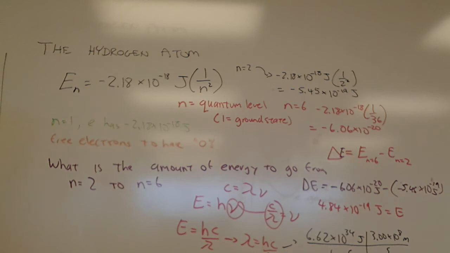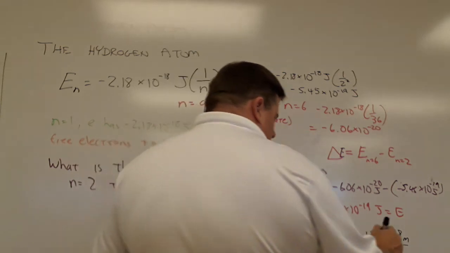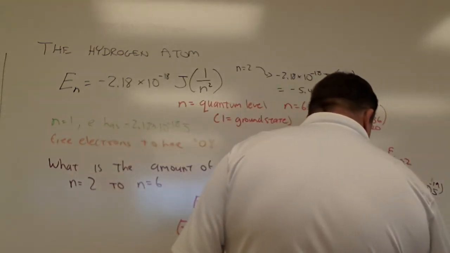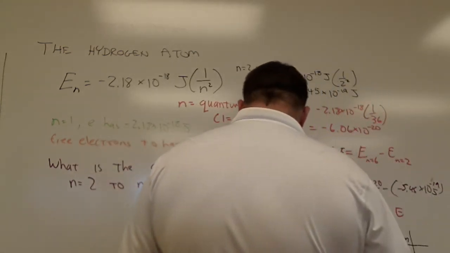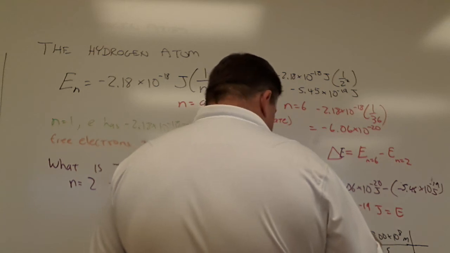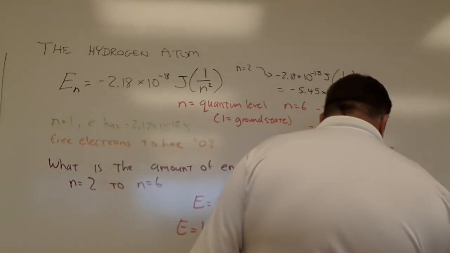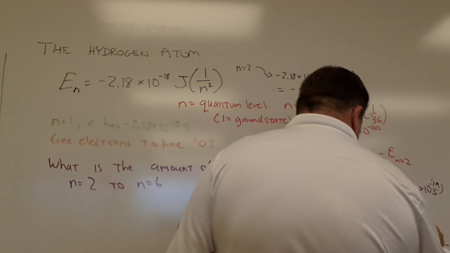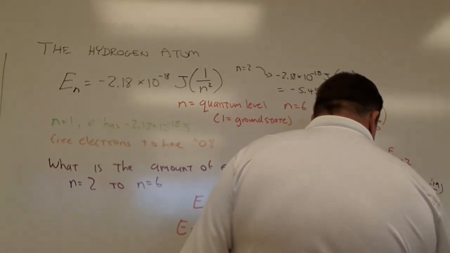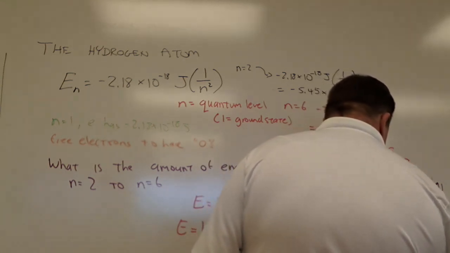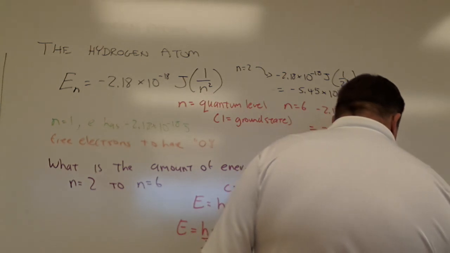And what I've got left here is energy, which is joules, and that's 4.84 times 10 to the minus 19th joules.